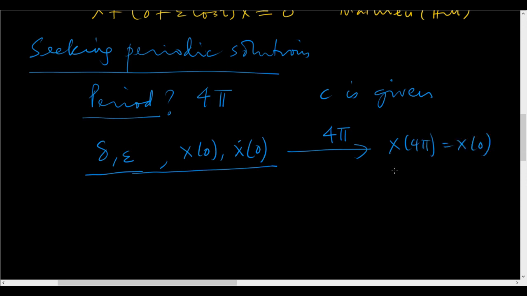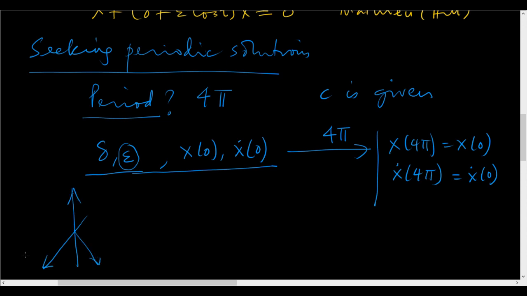We get x dot of 4 pi equals x dot of 0. So we have 2 equations, right? This is the parameter. This is what needs to be done. We need 3 equations, right? So what I'm trying to say is that think of these 3 axes, right? So I have x, we can't really draw it like that, but I need these 3 things. Epsilon is a parameter.